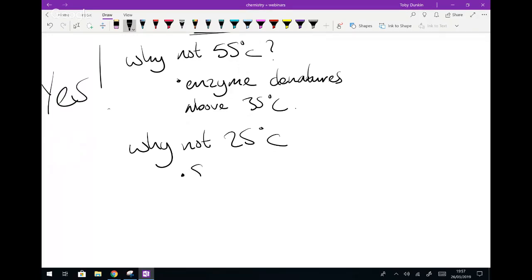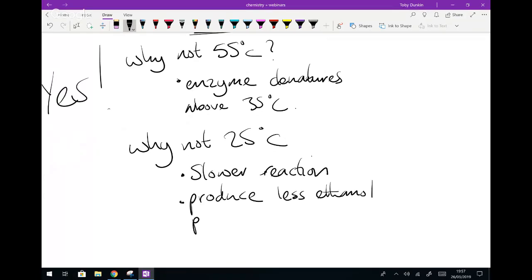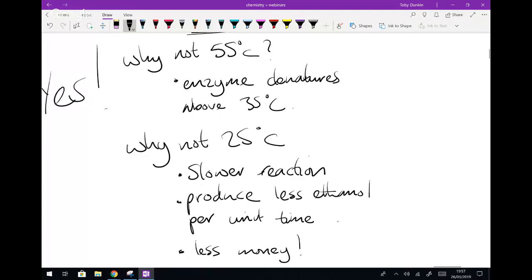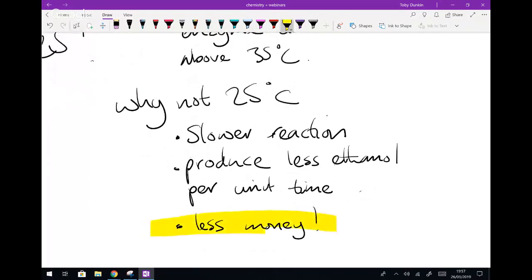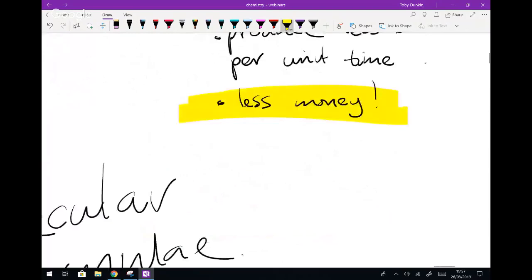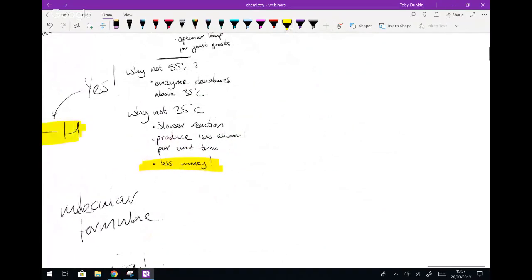Spot on. Slower reaction. Produce less ethanol per unit time. Company makes less money. By the way, I'm going to highlight the less money, because it's very easy for them to push you into this.